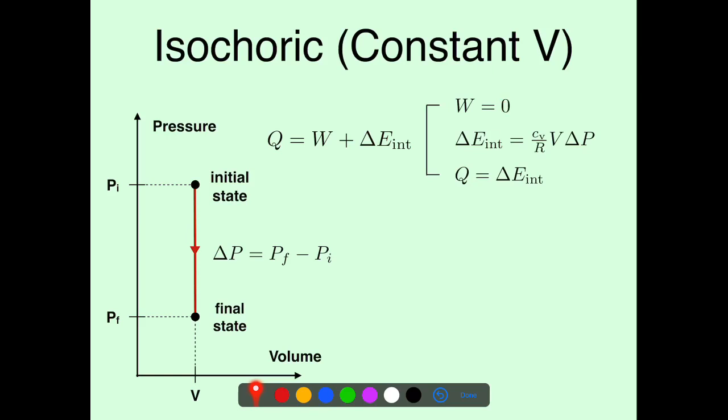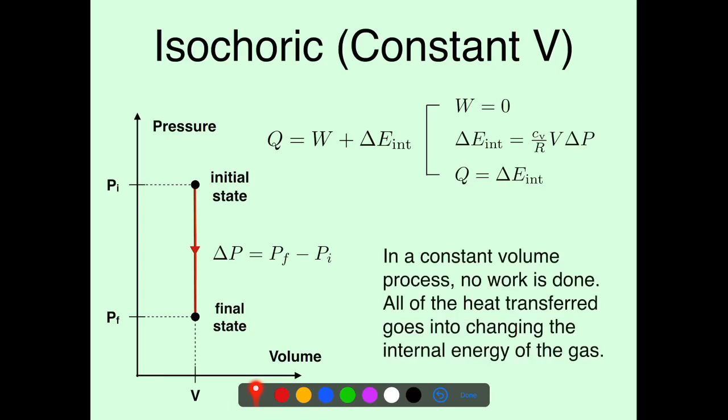Delta E internal is equal to CV divided by R times V delta P. And then Q is just the same exact thing as delta E internal in this case. So what we have to say about a constant volume process is that no work is done, and all of the heat transferred to the gas goes into changing the internal energy of the gas.